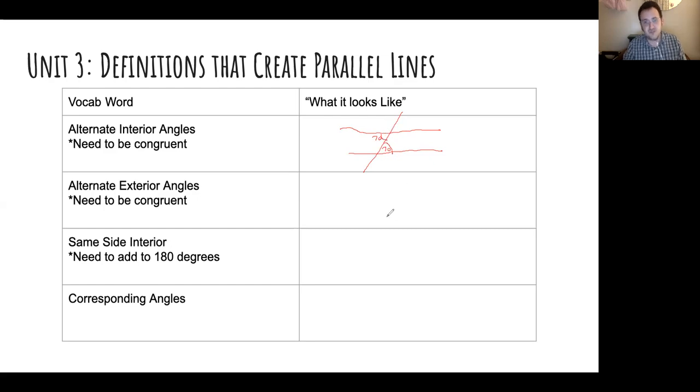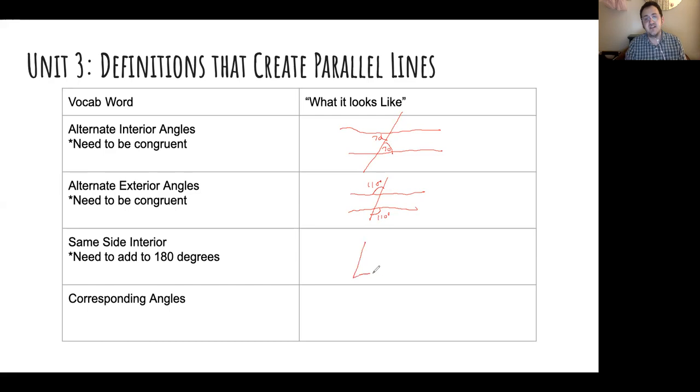So these are alternate interior angles. I could have a situation where I have angles that are on the opposite sides of the transversal, and are on the exterior, maybe that angle is 110 and that angle is 110.